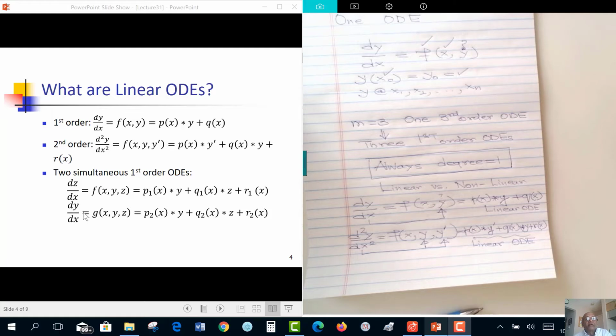Similarly, we could have another differential equation, of course a different function. If it was to be linear, then we'll have these coefficients, which are functions of x, of y, z, and a remainder. So this is how you can recognize what order, what degree an ordinary differential equation is, and how many dependent variables there are.